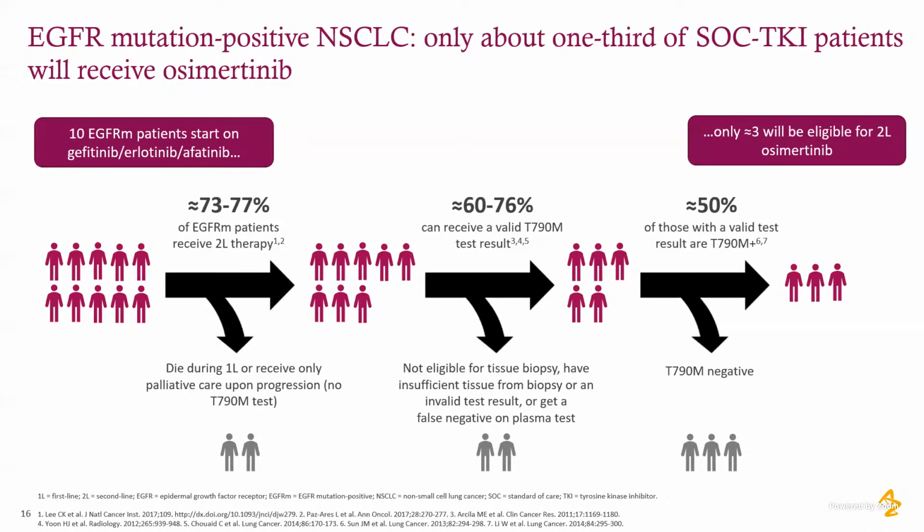So we are not able to give them the osimertinib benefit, which they could have got. Of that, the remaining 50% with valid test results are T790M mutant. So only 30% of them will be eligible for second-line osimertinib. Next slide.